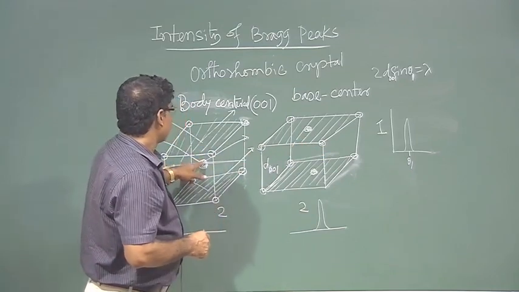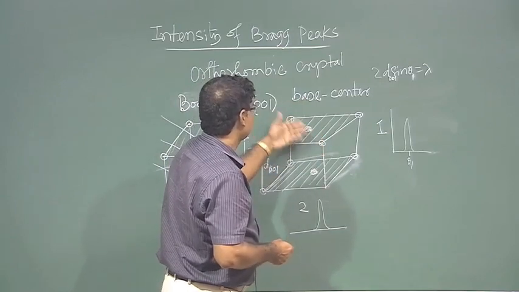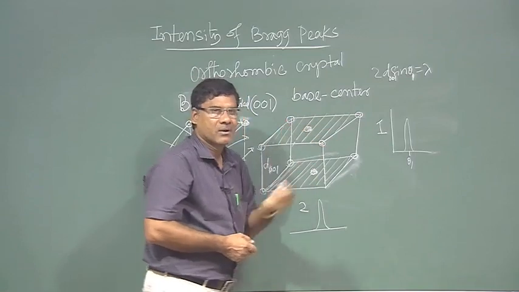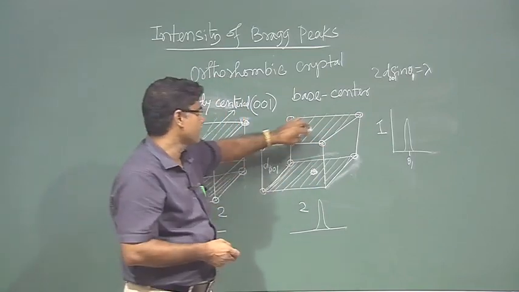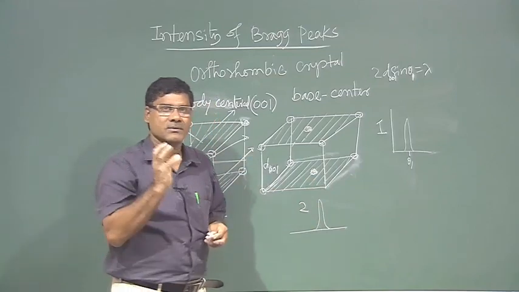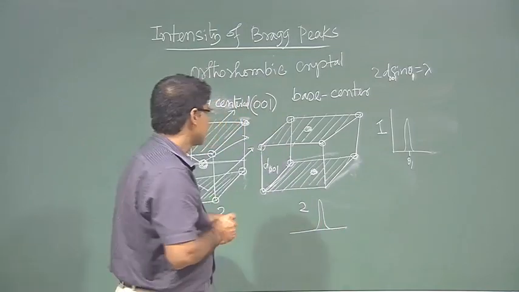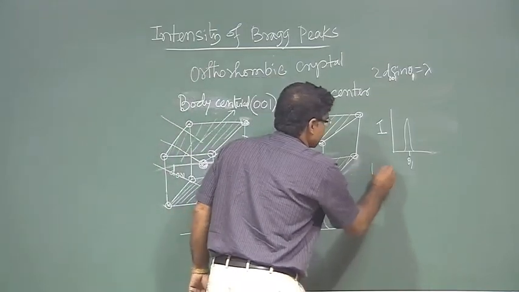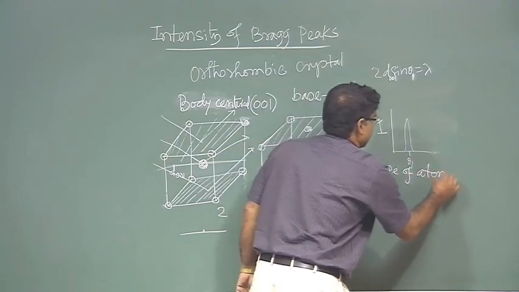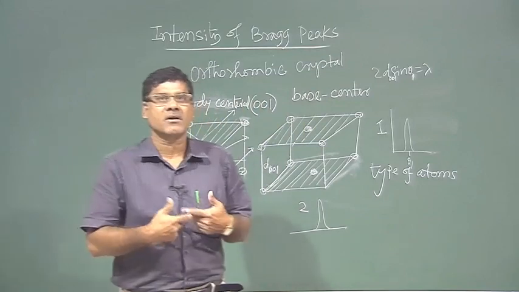In terms of basis, I was saying that atoms may sit exactly on the lattice point, or a group of atoms may sit around it. Okay. So, then there are two factors: one is the type of atoms, right, and another factor is the distribution of atoms.